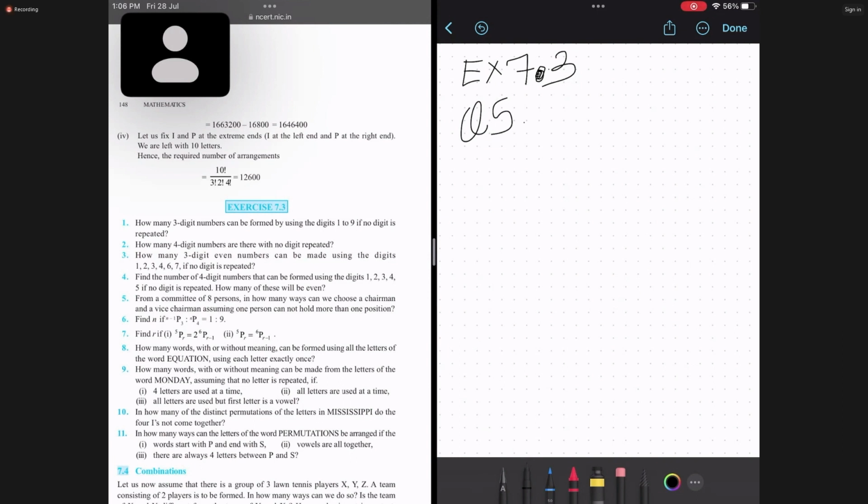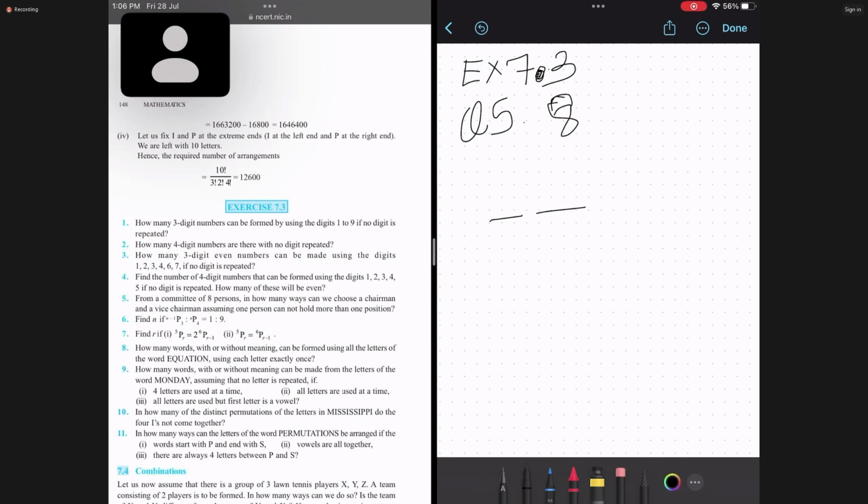Question number 5. From a committee of 8 persons, in how many ways can we choose a chairman and vice chairman, assuming one person cannot hold more than one position? Correct. So we have a committee of 8 people, and of these 8 people we have to choose a chairman and a vice chairman.